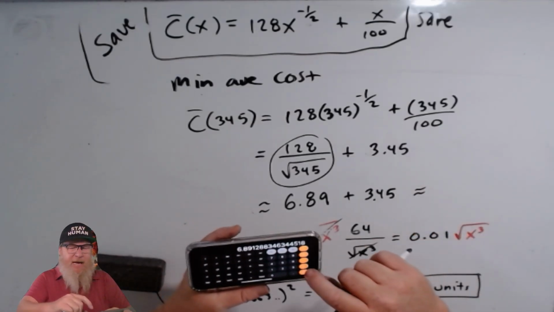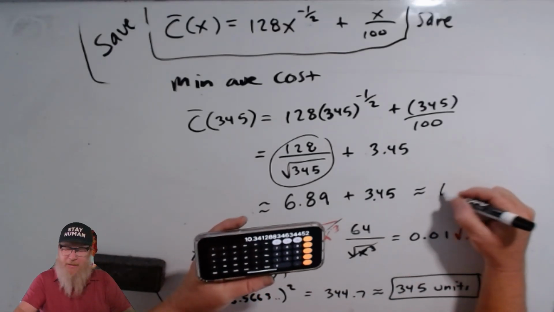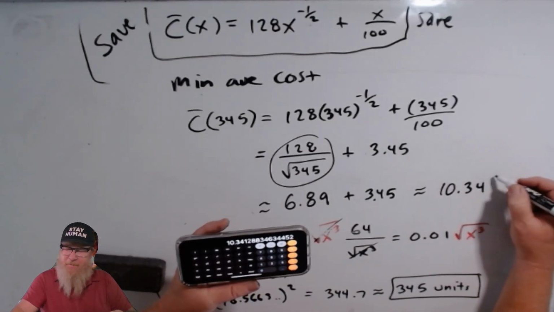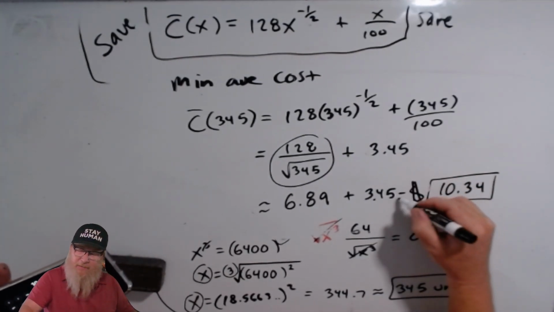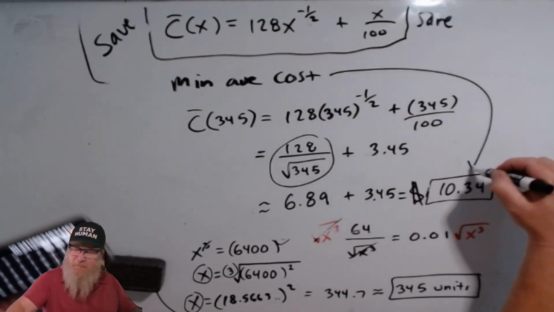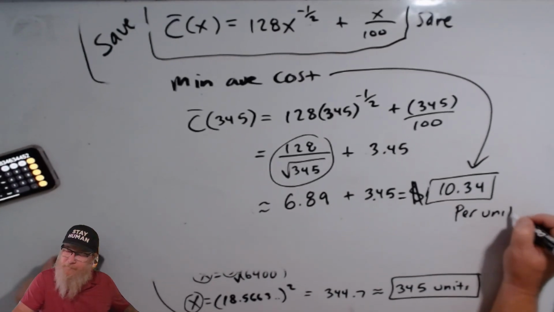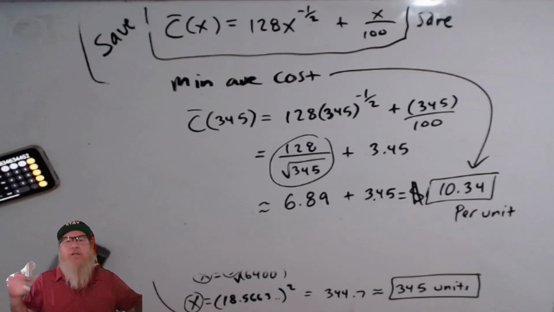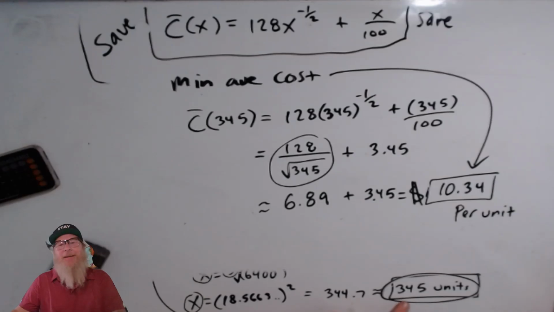So we're going to add, and we're going to get $10.34. And this is now money. So that is your minimum average cost per unit, of course. It's not $10.34 to order this many units, right?